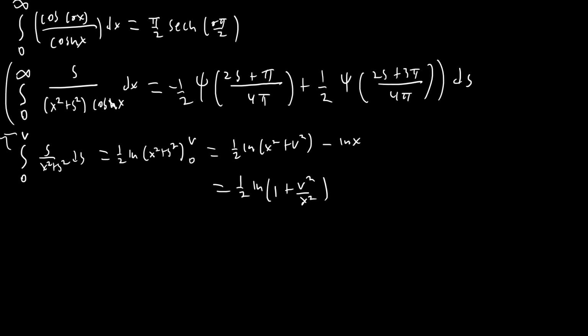On this side, we're going to have the integral from 0 to infinity of 1/2 ln of 1 plus v squared over x squared, all over cosh of x. So already we have stuff with exponentials and stuff with natural logs, which we know is always a fun little pair, and something that would be very, very difficult to deal with.